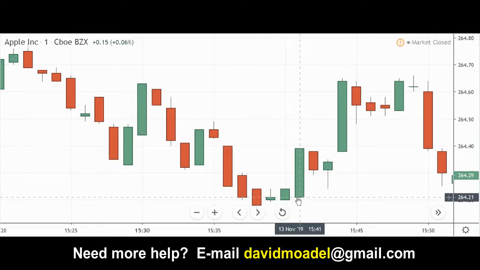But still, generally speaking, overall, it started at the bottom of the body and then pretty much overall just went up, and then it ended the period at the top of that body. Okay? There's no upper wick, so it's not like it went further and then came back down.